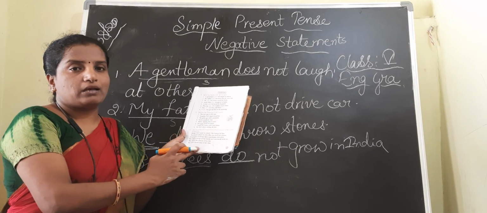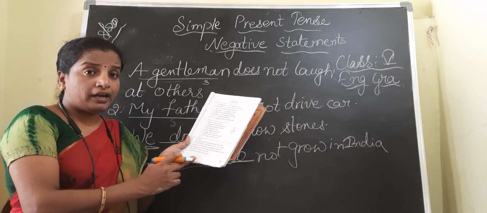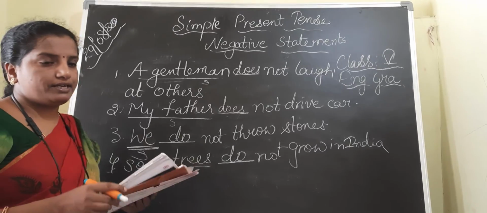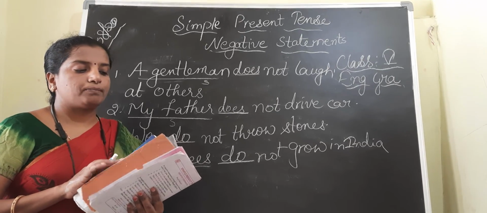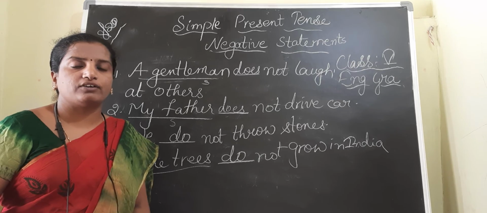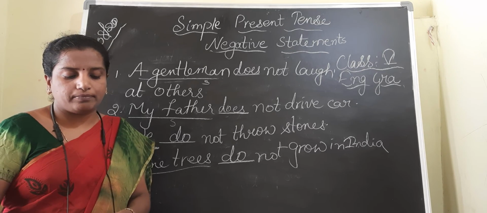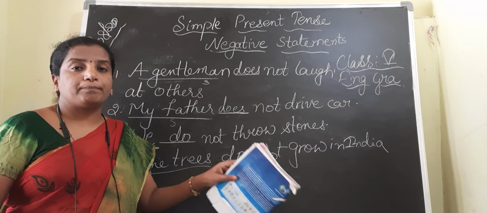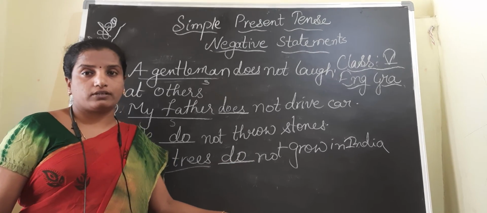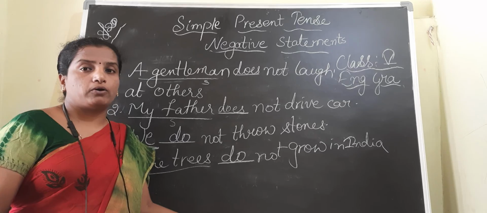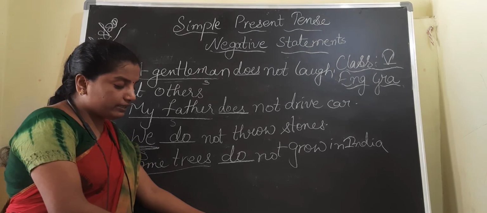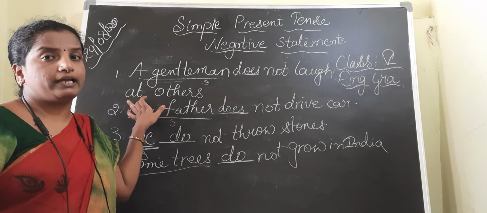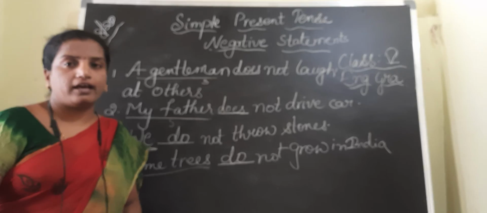They have given us a paragraph and you have to complete it with the simple present tense. Very easy. Already we have learned about the positive statement as well as the negative statements in the simple present tense. Next our topic, children, is simple present tense question forms. Tomorrow we will discuss that topic, and till then you just practice simple present tense negative statements. Okay, have a nice day.